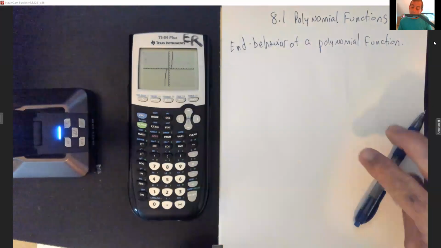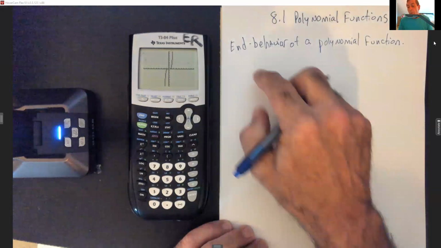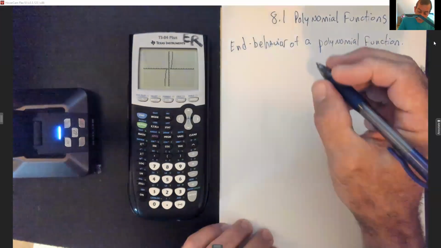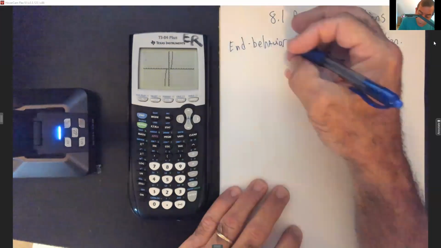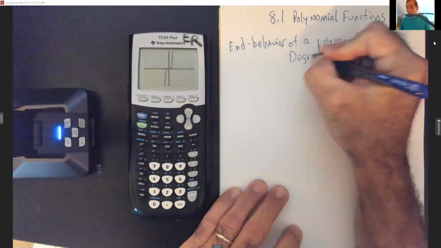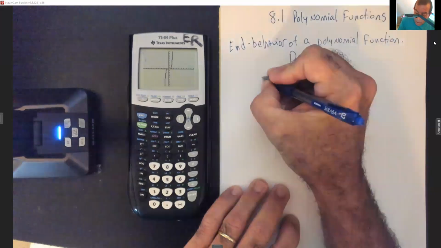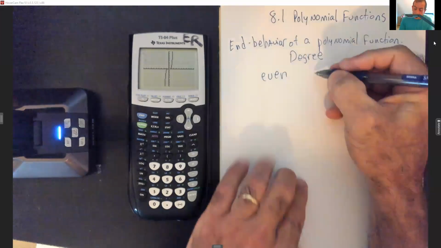So knowing that, we can come up with a chart to predict what the end behavior of these graphs will do. So we're going to make a chart. So across the top, we're going to have the degree. And the degree can be even, or the degree can be odd. Okay?